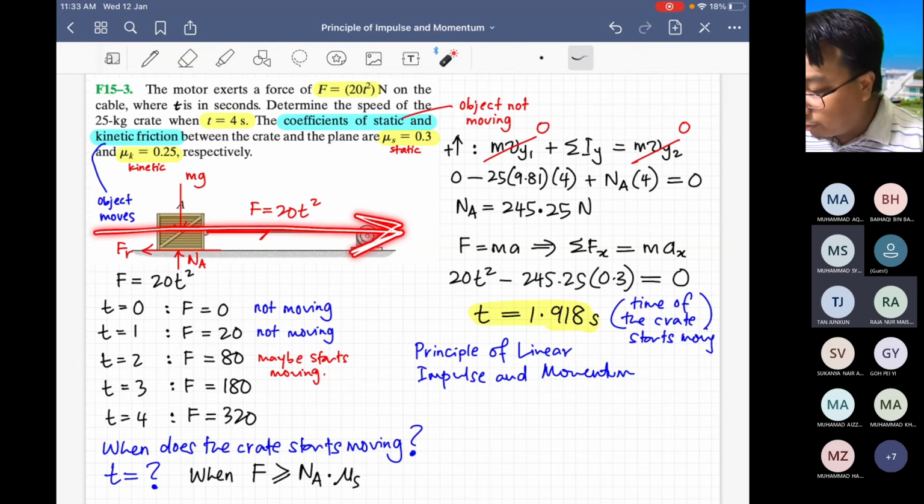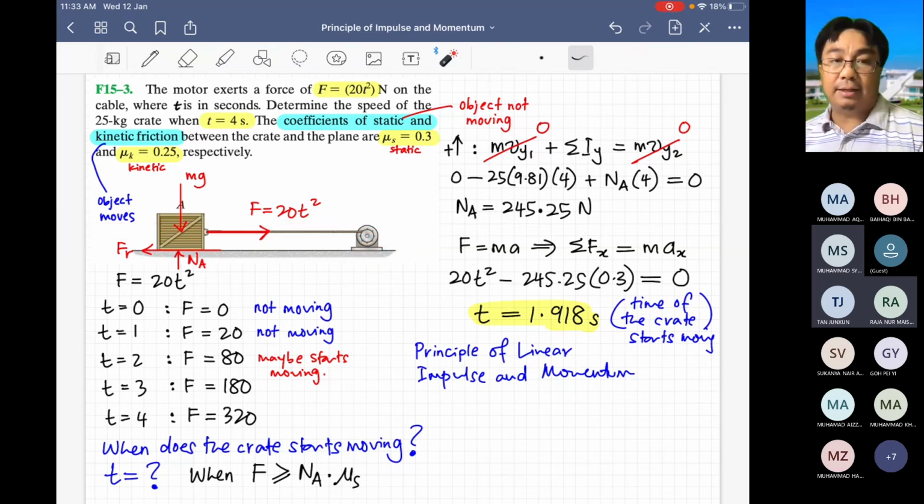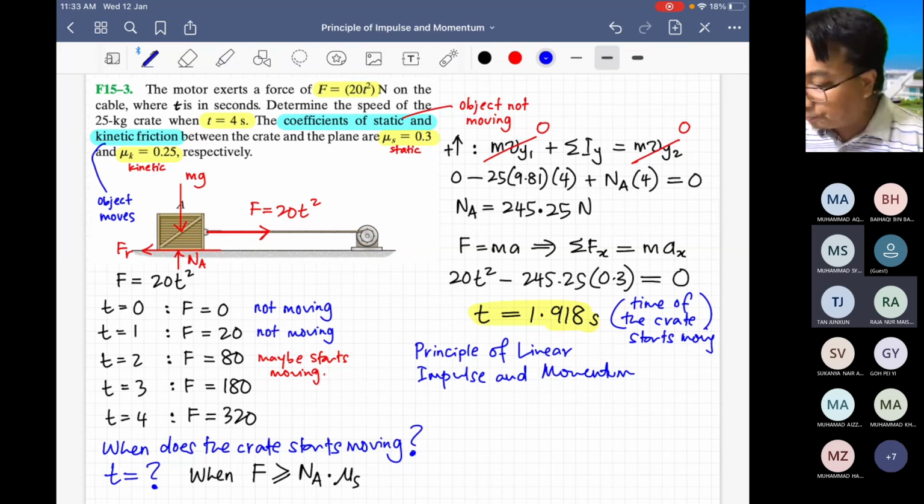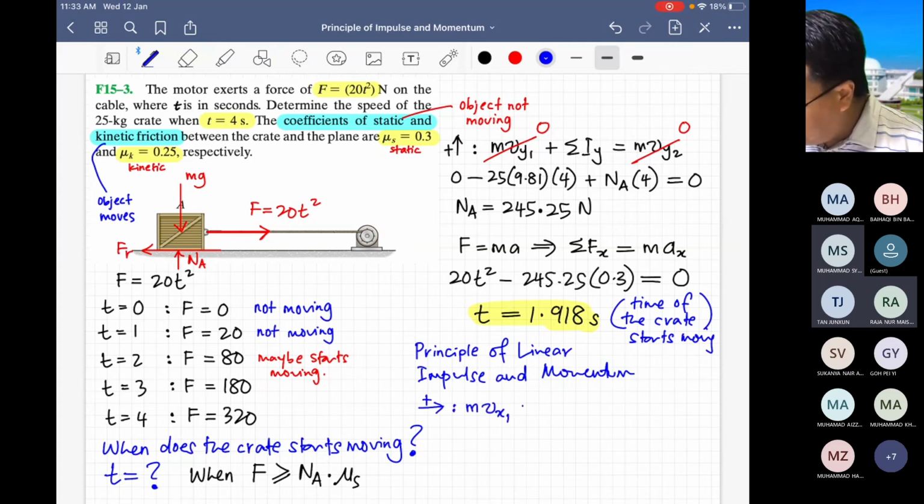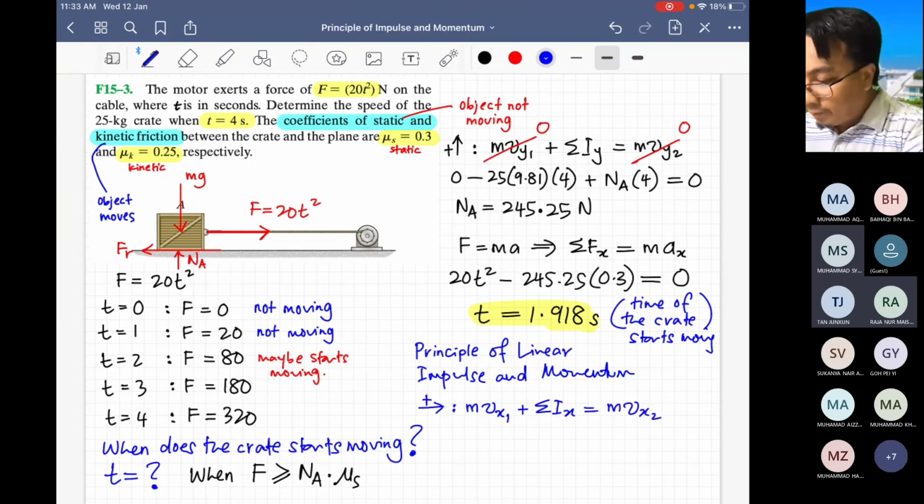So the speed tu adalah pada x-axis lah dan tak ada speed dalam y-axis. Okay. So dalam x-axis is we take positif ke kanan. So dia akan jadi mvx1 tambah total Ix sama dengan mvx2.